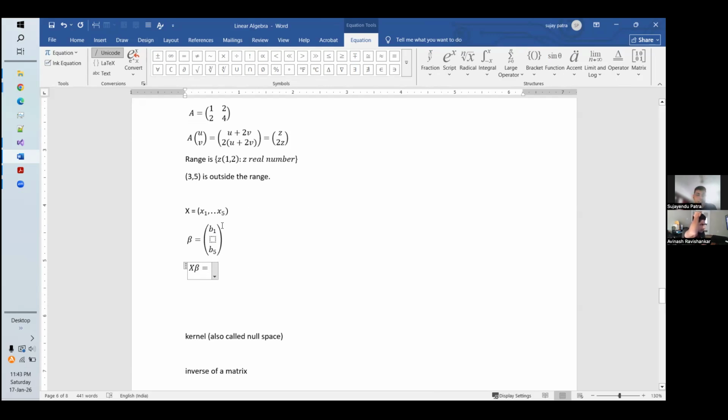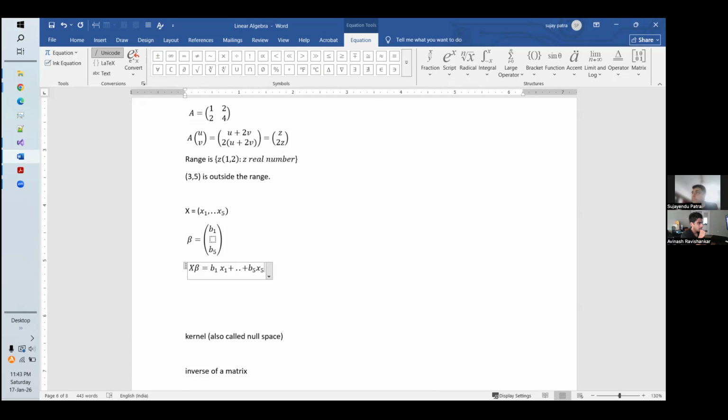Now when you multiply, you basically multiply the first row with b1, b2, up to b5, second row with b1, b2, up to b5, and so on. Which is the same as doing b1 times x1 up to b5 times x5. Now, the x vectors you cannot change.